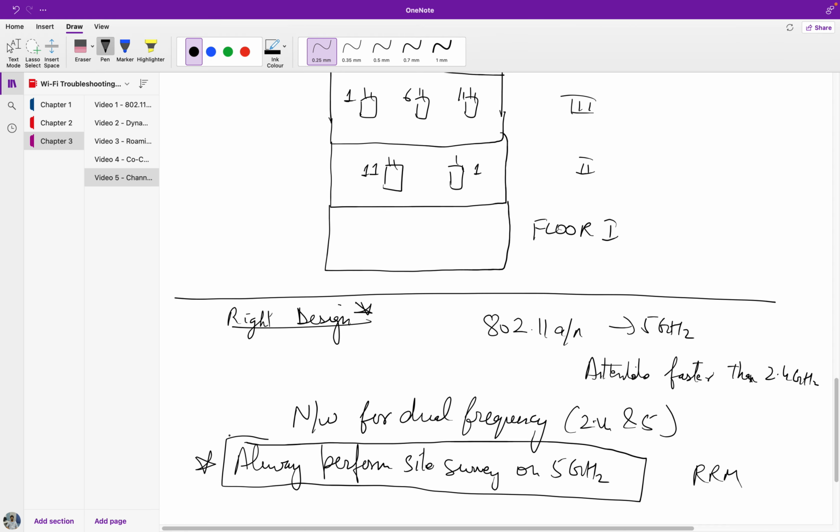Don't make this mistake, guys. I specifically make sure when I'm designing a network, I always design for 5 gigahertz, because 2.4 will always follow and work absolutely fine, right?